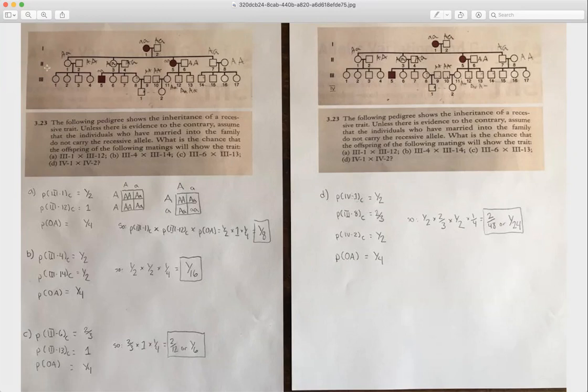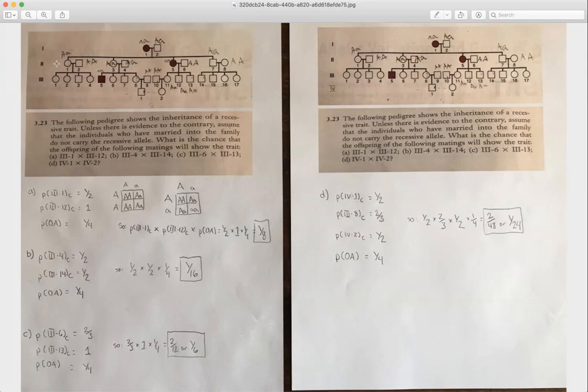But because individual 2,5 has the condition, little a, little a, this recessive condition, we know that individual 1,2 has to be a carrier because individual 2,5 had to inherit a little a from each of its parents. Okay, so we obviously know all of the individuals that have the trait, little a, little a. We can write those in if we feel like we need to.